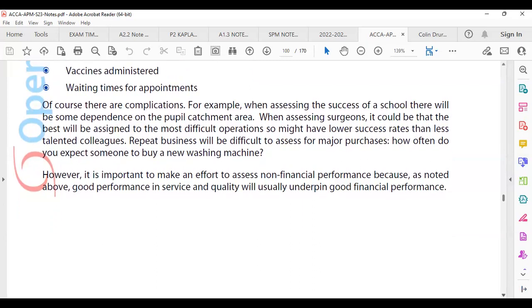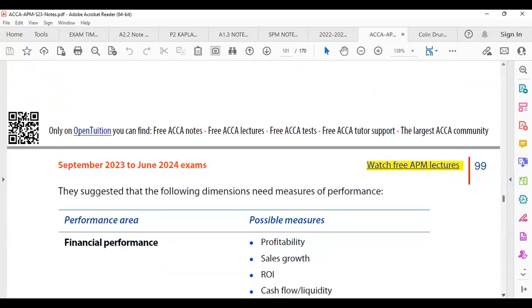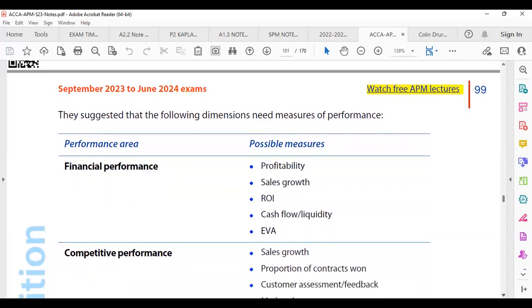However, it is important to make an effort to assess non-financial performance, because as noted above, good performance in service and quality will usually underpin good performance. So you need to check all that. We are not just about calculating only. Now, the performance area: we check financial performance, which I said will be a mix of a little bit of calculation, but a good percentage is more qualitative.